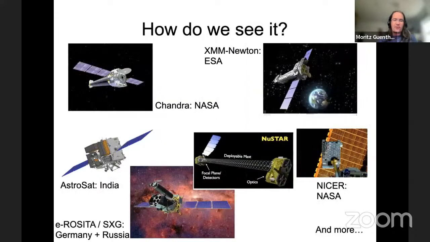We are fortunate that there's a number of instruments, but they're all in space, because X-rays from the sun, right? I know you are astronomers, so maybe I don't have to say that, but something that I'm often hearing is that people think we X-ray the stars, like the doctor X-rays your hand. That's not the case, right? We're using observatories. We're observing the X-rays that are coming from the universe anyway.